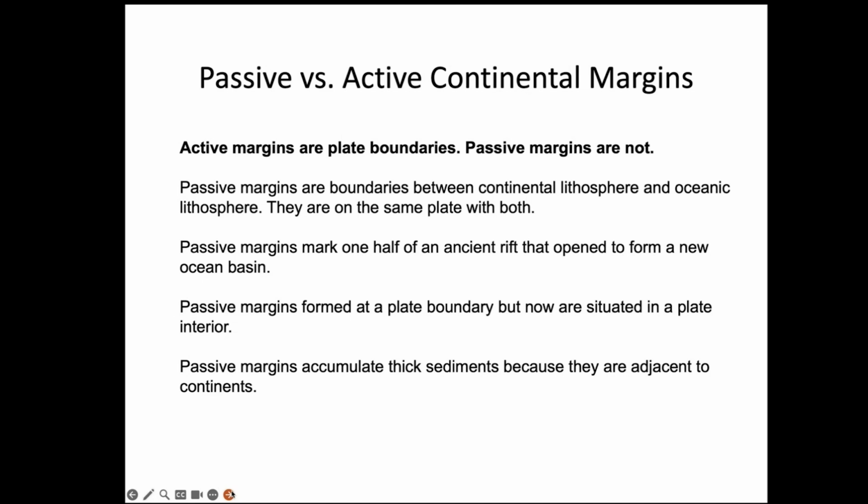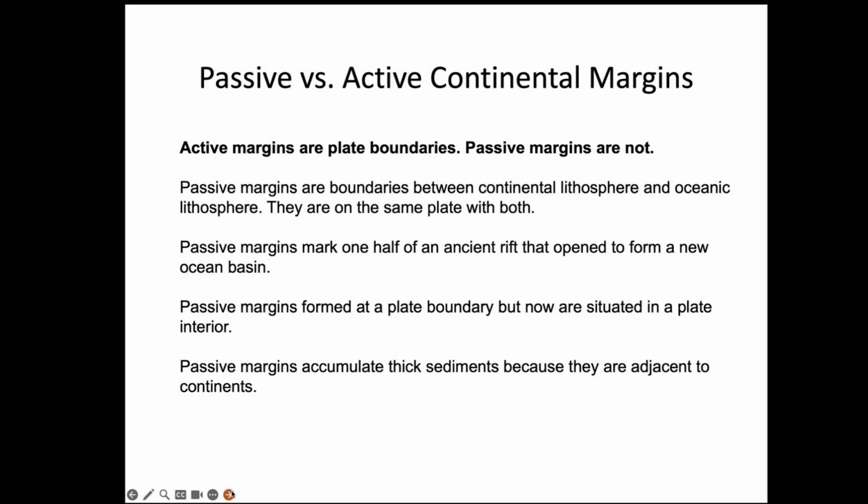Basically, it's where those two kinds of crust join. Passive margins mark one half of an ancient rift that opened to form a new ocean basin. Passive margins formed at a plate boundary, but are now situated in a plate interior because of the addition of new oceanic crust as the ocean widened.